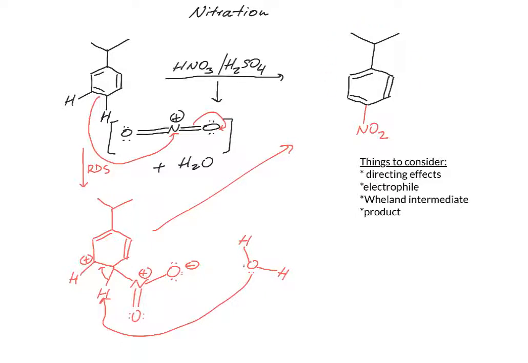Things to consider in electrophilic aromatic substitution are the directing effects, meaning if you already have a substituent on the benzene ring, you need to find it on the reactivity and directing effects table in order to determine where the next electrophile will go.